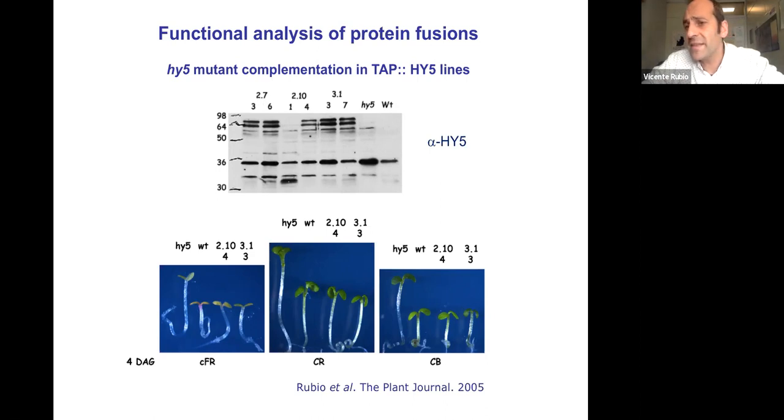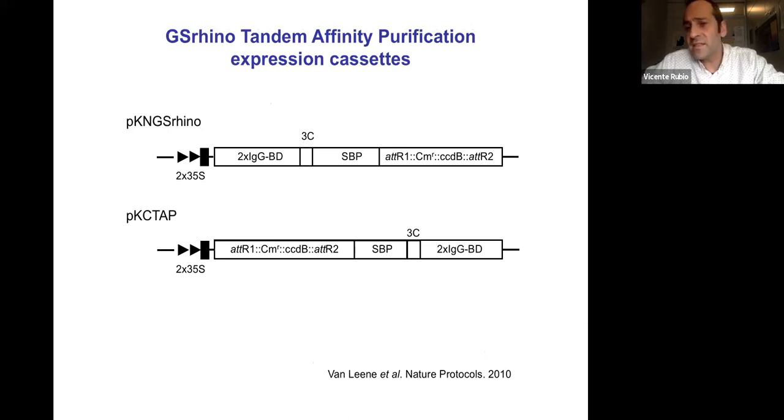Afterwards, all those limitations I was talking about, the amount of protein to be used, the limitations of the efficiency in the detection of proteins by mass spectrometry, and these functional issues, were somehow overcome by an improved system of tandem affinity purification developed by the lab of Geert Jäger at the VIB in Ghent, in which they used a different TAP epitope, much smaller, still using the IgG binding domain.